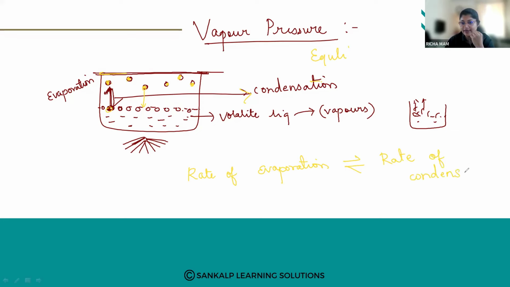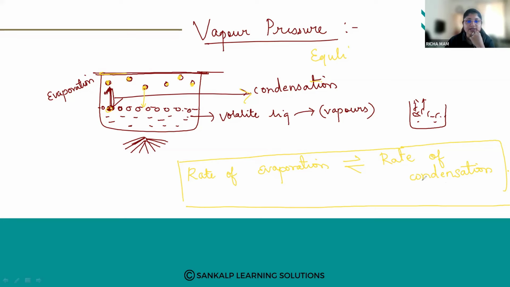So this is an equilibrium state, when the rate of evaporation is in equilibrium with the rate of condensation.